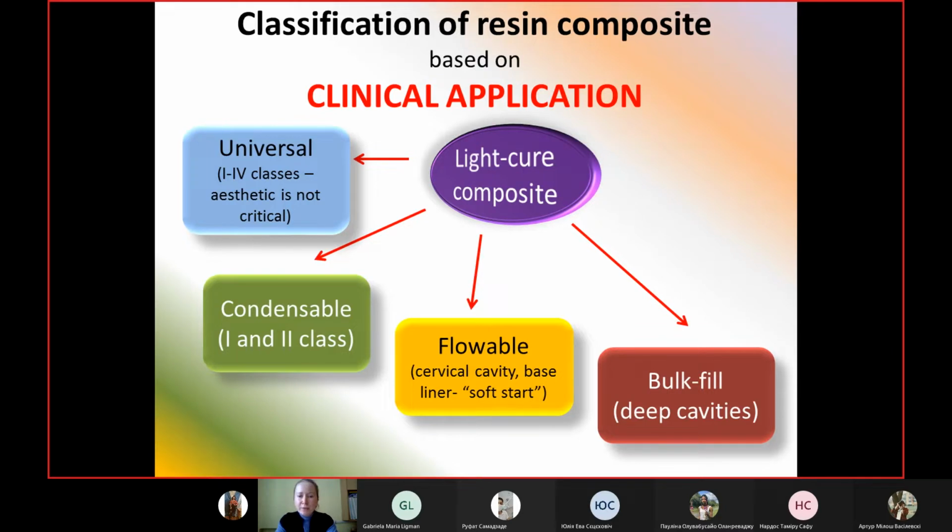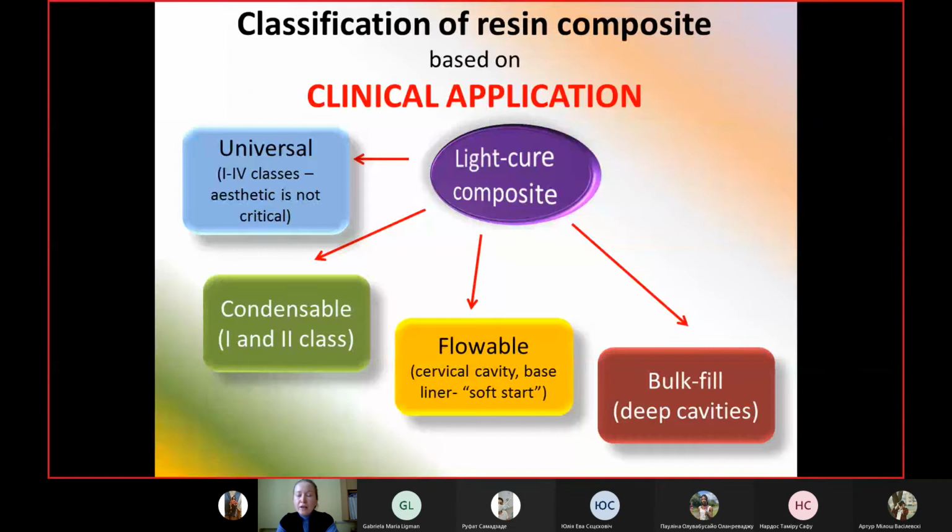It doesn't matter if condensable, universal, or bulk fill, the initial layer is a flowable light curing material. It will distribute the occlusal stress appropriately and thus prevent pain to the patient.